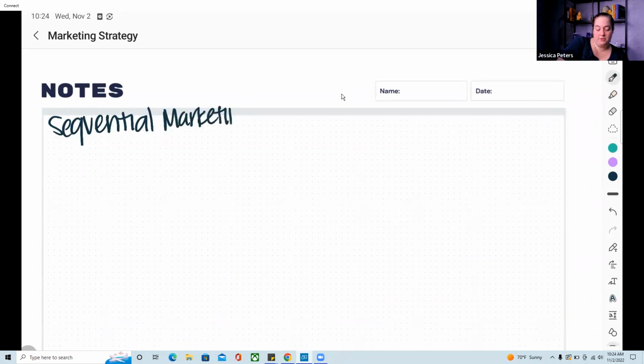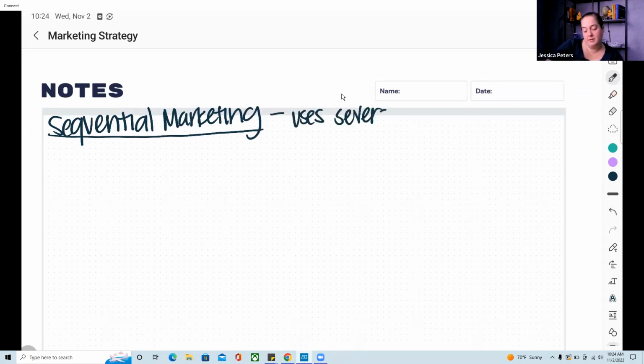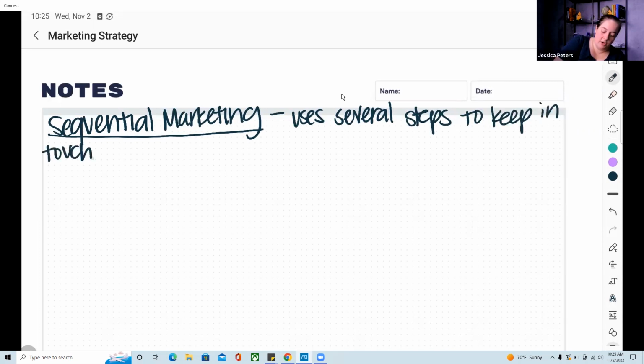This is going to be a general definition, maybe not exactly real estate investment, but just in business: what is sequential marketing? Sequential marketing uses several steps to keep in touch, or for our case, to make contact, because for our purposes, marketing means we're trying to make contact with these homeowners, with a customer.